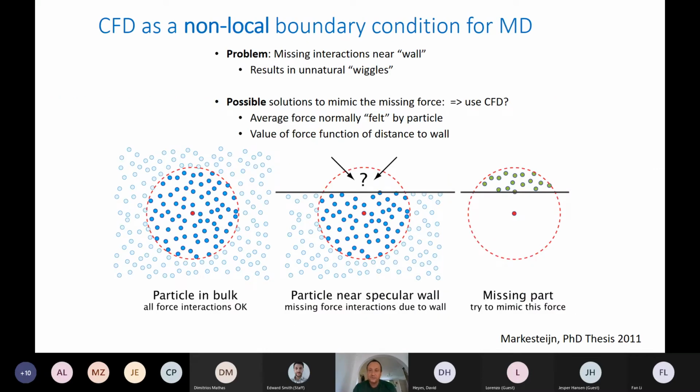The way we would like to look at this is as a problem of setting up boundary conditions for molecular dynamics simulation, because by its nature, molecular dynamics is very expensive. So you would like to only do this calculation where it's really needed, which is typically in a small domain. Hence, if you want to couple this with continuum flow simulation effectively, you can think of using this continuum flow simulation as a boundary condition.